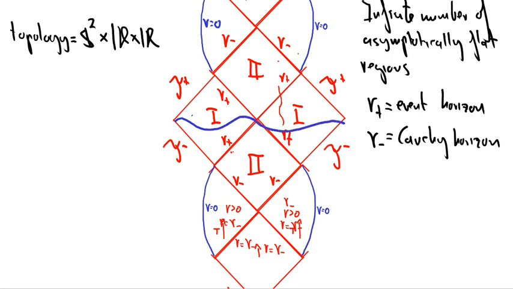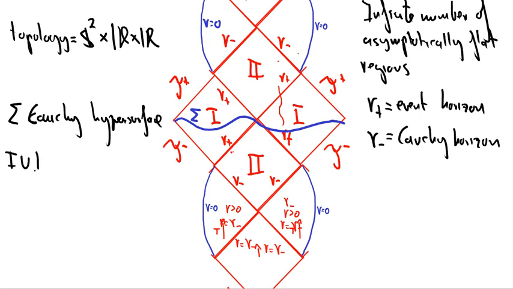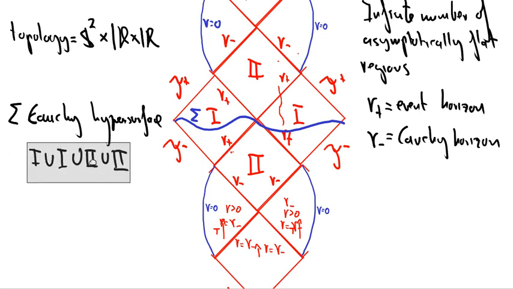You can see from the diagram that sigma is a Cauchy hypersurface for the set formed by the union of 1, 1, 2, and 2, because this set is globally hyperbolic.